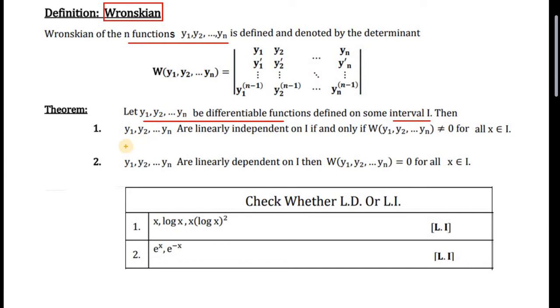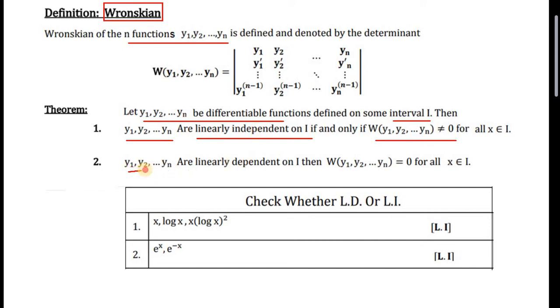Then the functions y1 up to yn are called linearly independent on I if their Wronskian is not equal to 0. Whenever the Wronskian of the given functions is not equal to 0, the given functions are called linearly independent functions.